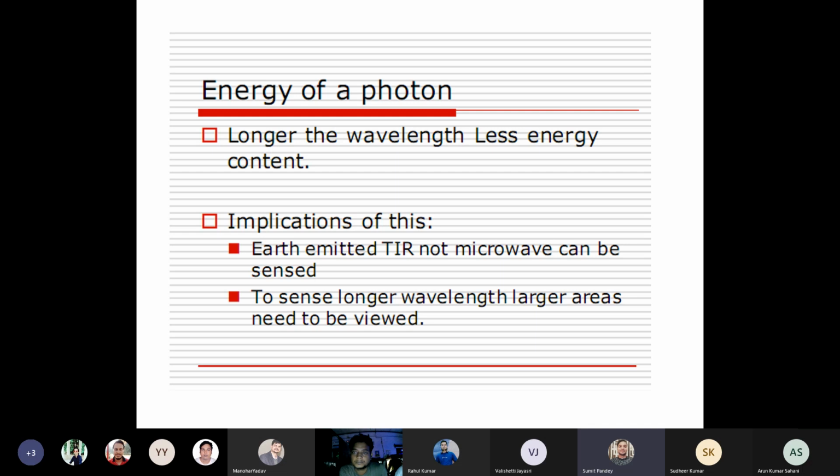But for a physical feature having a larger wavelength, for capturing the radiation, we need the radiation from larger areas as well as larger apertures of the sensors. Yeah, good.